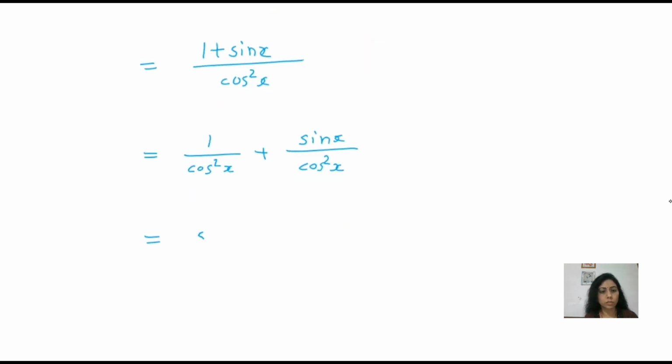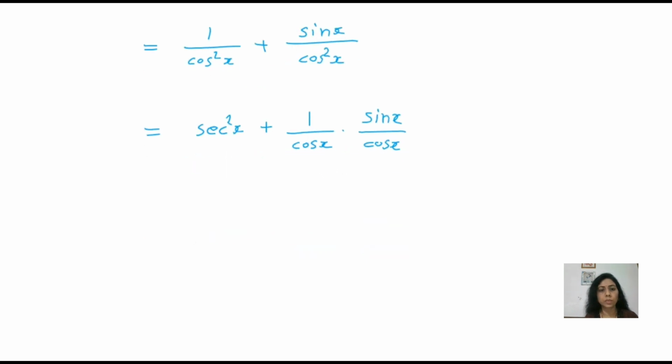So this is sec squared x, and here actually we can write like this. And this we can also convert into sec x and tan x. So 1 upon cos x is sec x, and this is tan x.